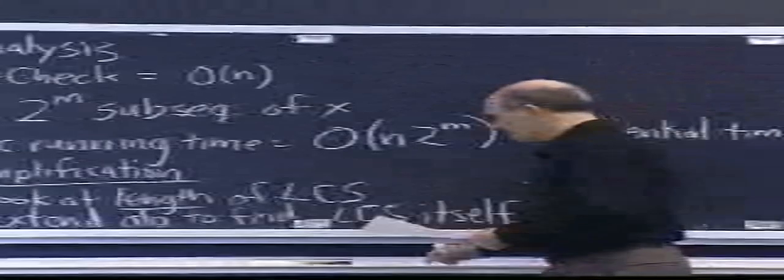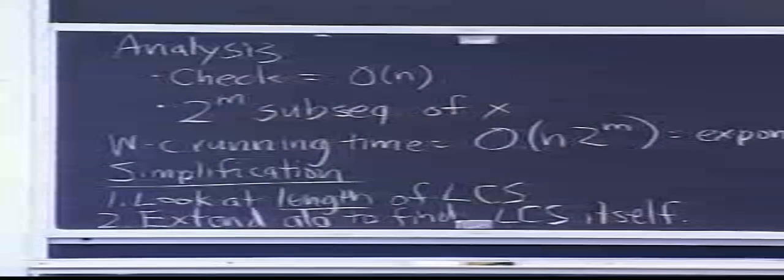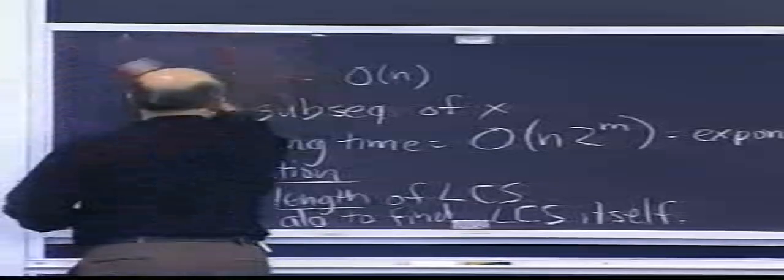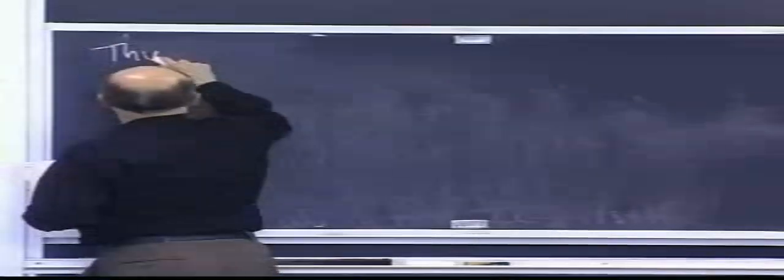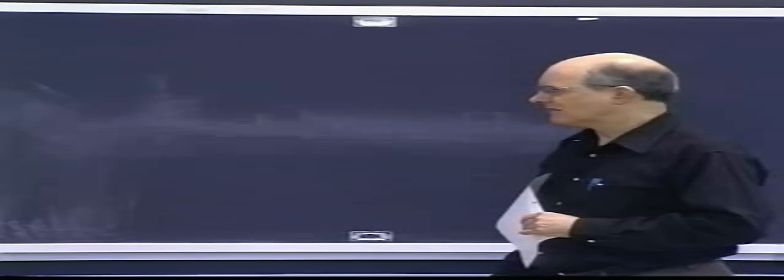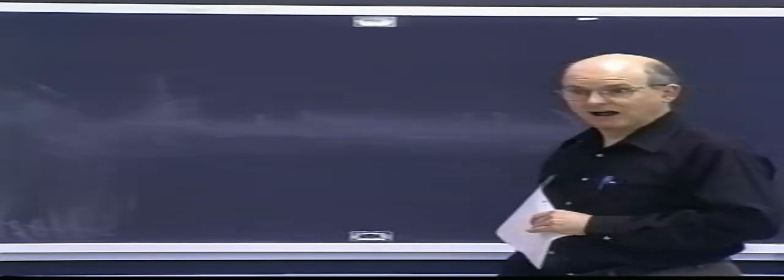Okay, so we can now complete the proof. If that's the case, then it means that Z of i minus 1, j minus 1 is equal to what? K minus 1, right.